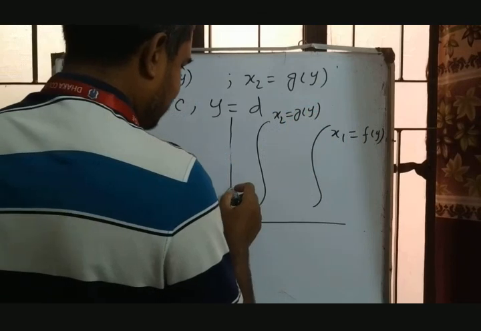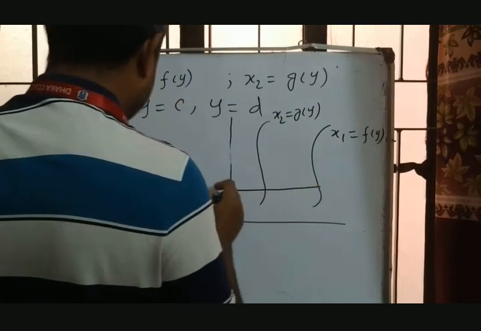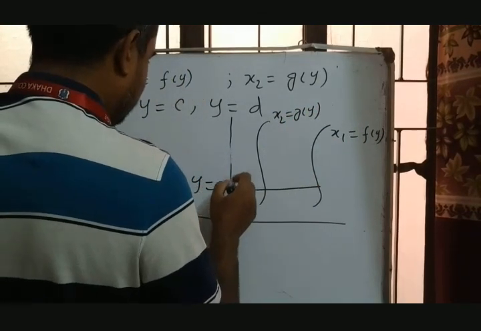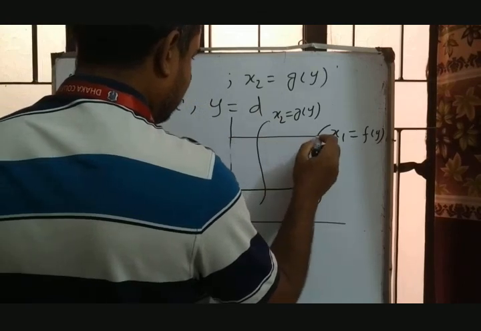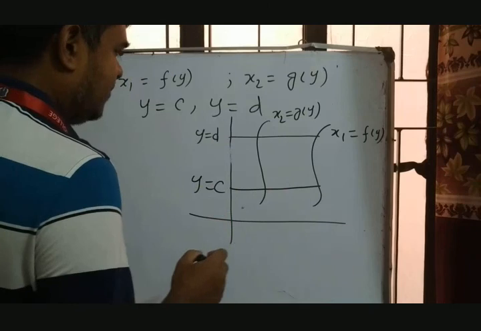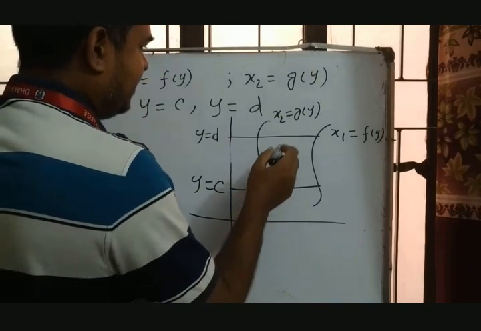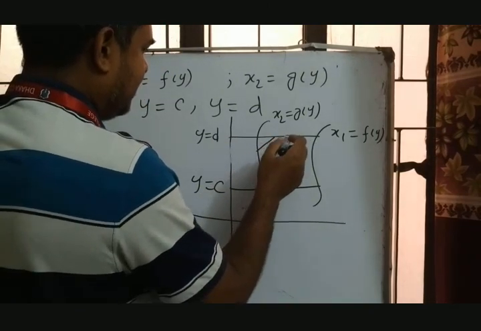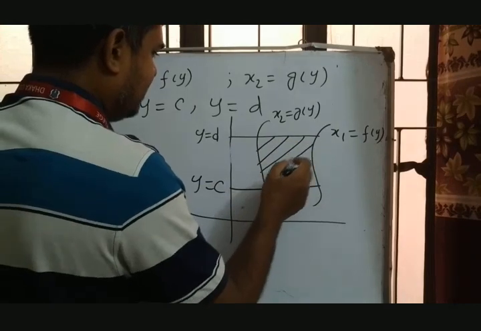The limit is y is equal to c and y is equal to d. We have to find the area of the shaded region.